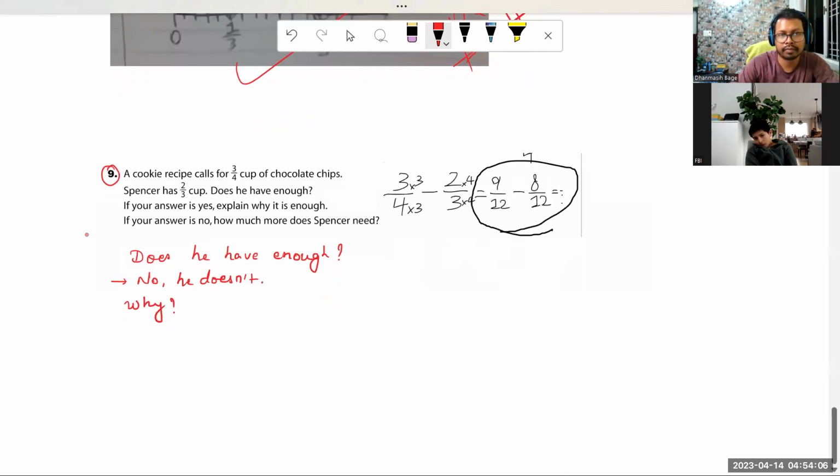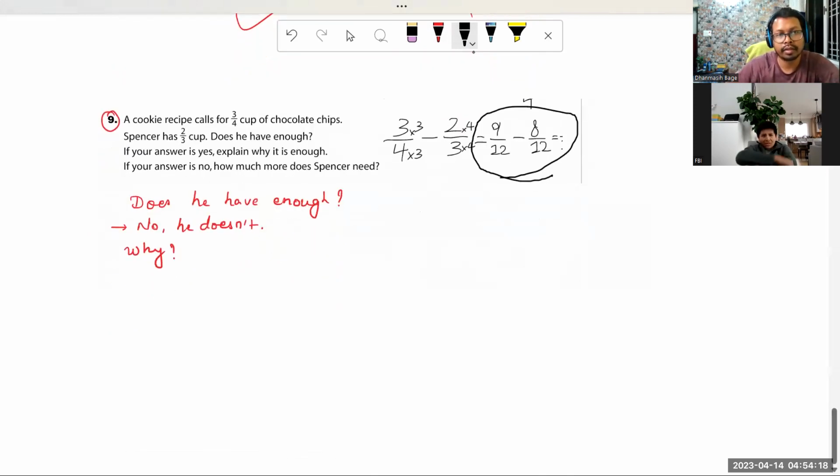Because, recipe calls for chocolate. What is that? Here you do one thing. 3/4 and 2/3. Express both these fractions where the denominators are same. What should be the denominator?